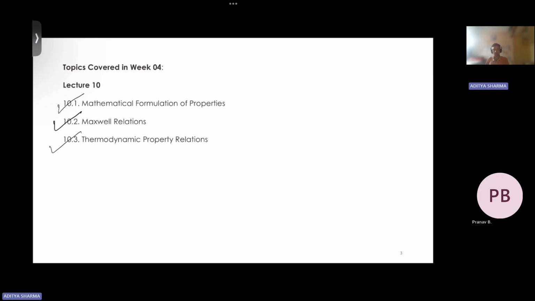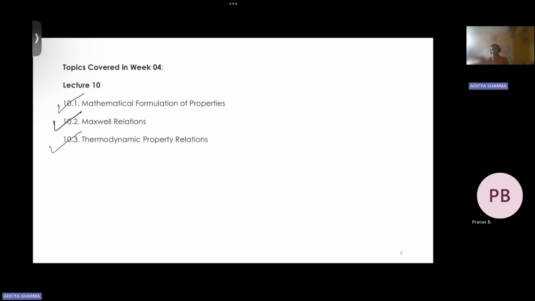So the whole idea of this week's content is that we want to have the different properties of our system, and we are studying some system. In that case, different properties linked to that system, we want to calculate by mathematical formulations. So suppose we do some experiments on our system, right?